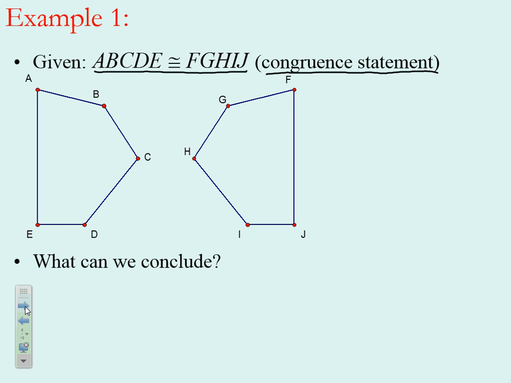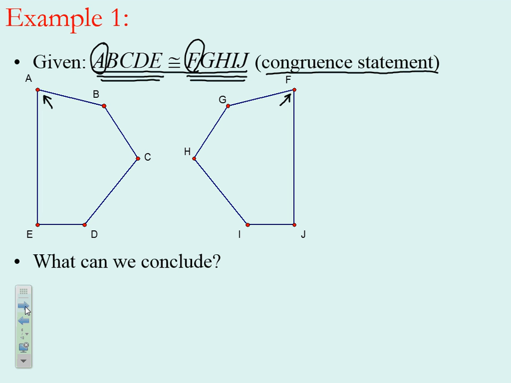And within that congruence statement, the order that these letters go in needs to match the other shape. That means that angle A and F both need to go first, because on this picture, as you can see, angle A right here and angle F right here would be the two angles that are the same in these two figures. So we have to be careful when we list the order of the letters.